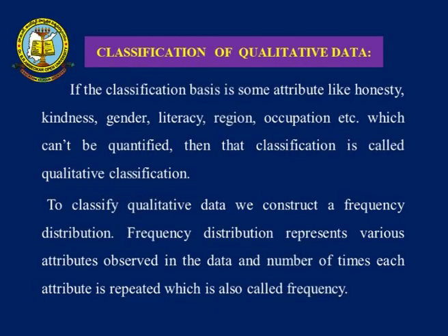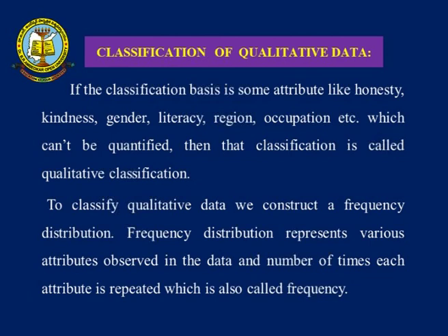Earlier, one classification was time based, another geographical, and the third is when the classification basis is some attribute like honesty, kindness, gender, literacy, region, occupation, etc., which cannot be quantified. Why? Because honesty, your opinion is different, my opinion is different.